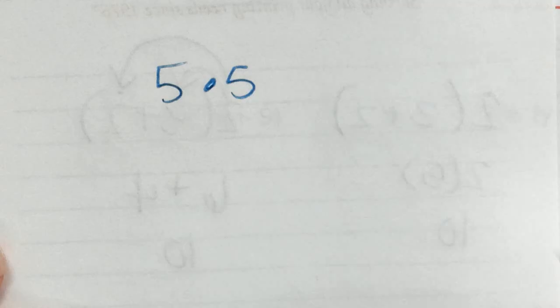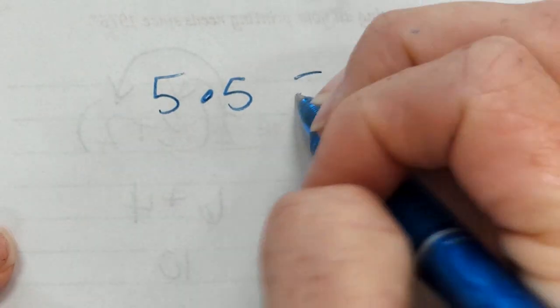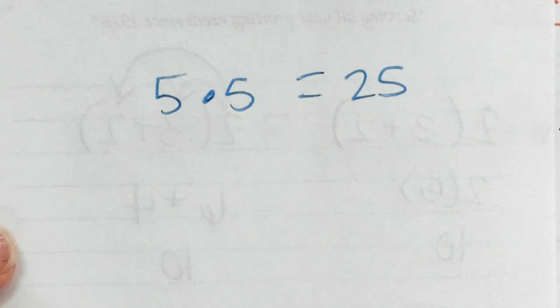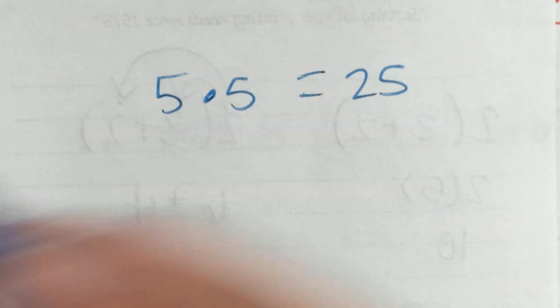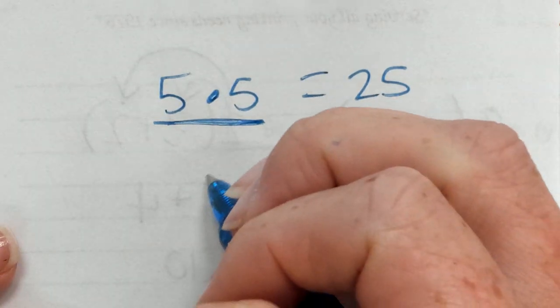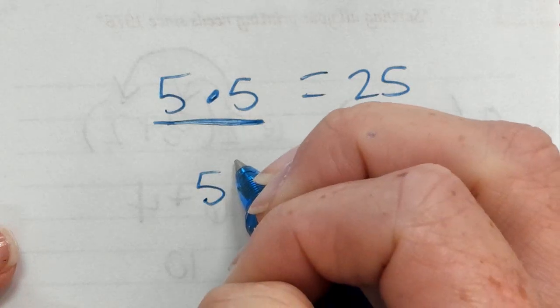If I have 5 times 5, what's the answer? How else could I write that? Yes, but not what I'm looking for. How else could I write this? I'll give y'all a hint. 5 squared.